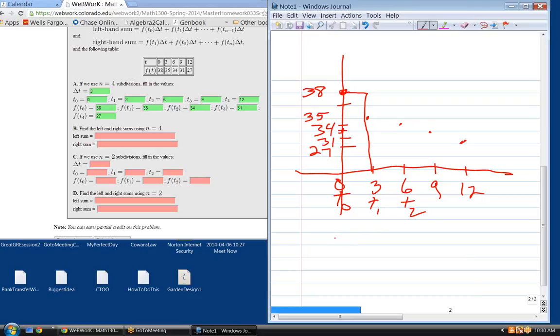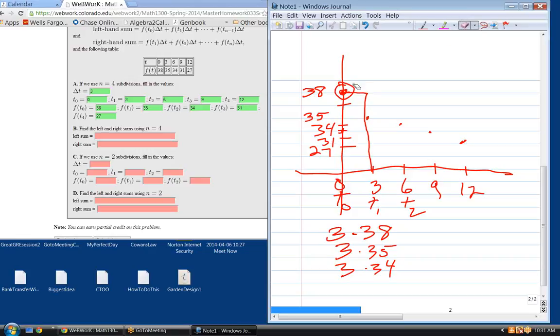So 3 times 38, okay. 3 times 38, 3 times 35, 3 times 34. No, wait. Would we use 38 since we're doing left hand? Remember, start your process off by going to the left point. That's how I begin if I'm using left hand. Okay, so then 3 times.